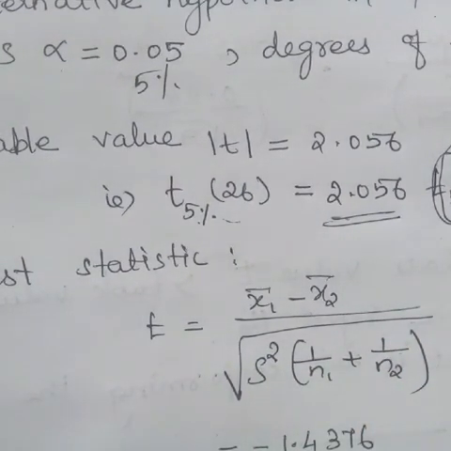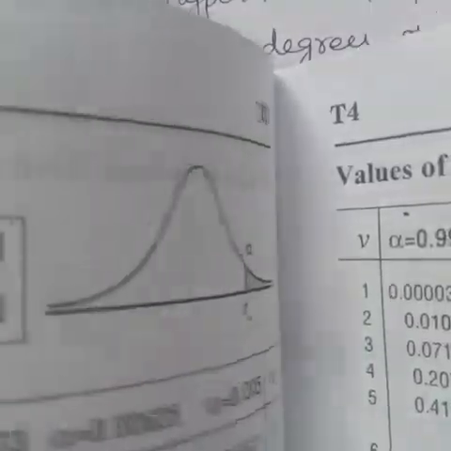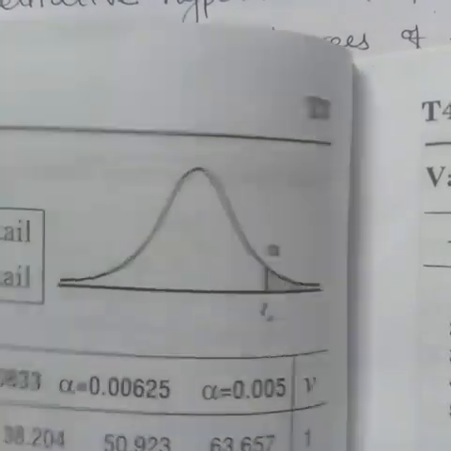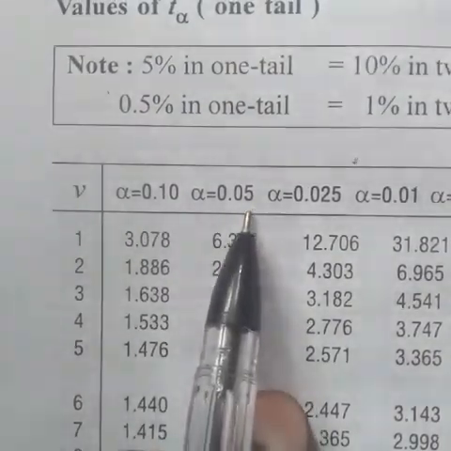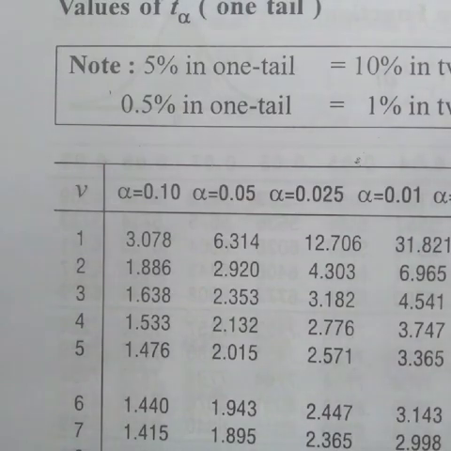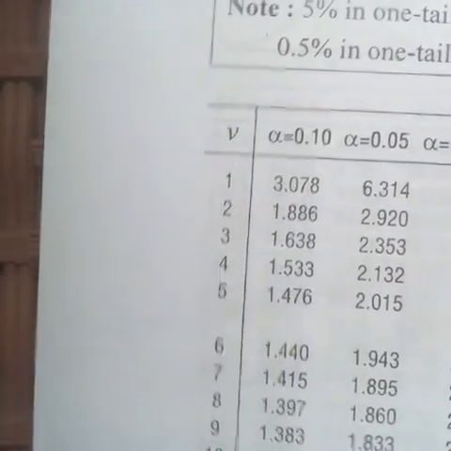We have the table values in the last pages: t test, F test, chi-square test and Z test. Now this is the t test. On the top side we have the level of significance alpha, 1%, 2%, 3%, like that. On the side we have the degrees of freedom, 1 to 29, and then infinity.